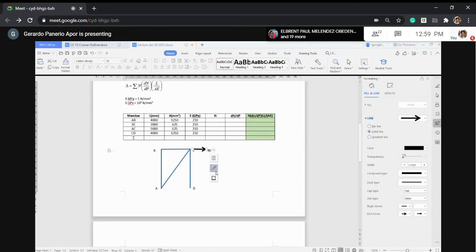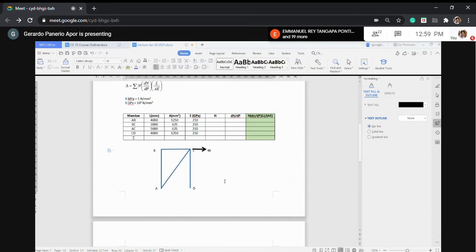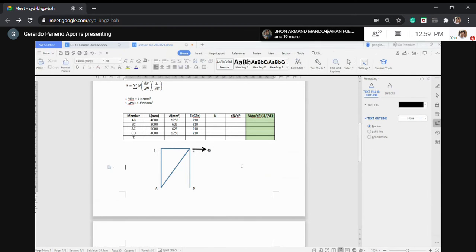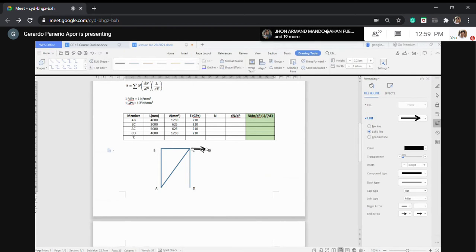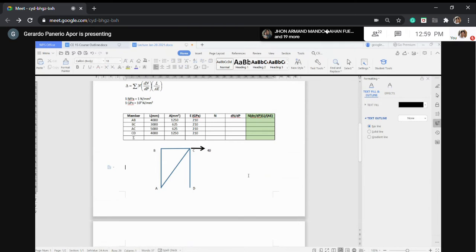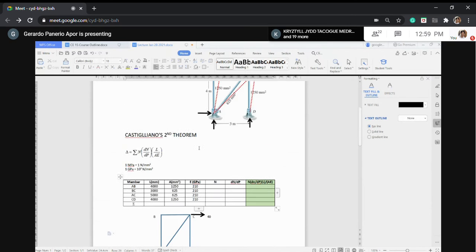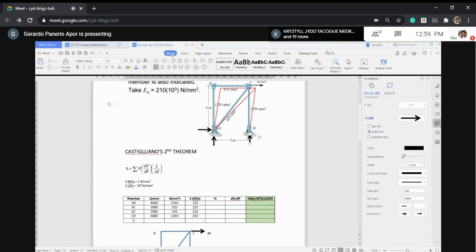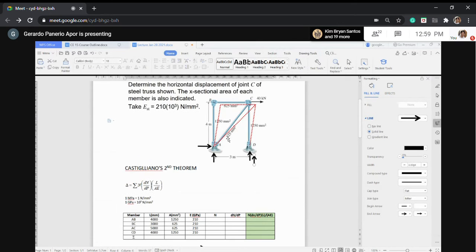This is 40 kilonewton. Okay, that's 40 kilonewton. Aside from that, there is also a load here. Copy that. Paste.